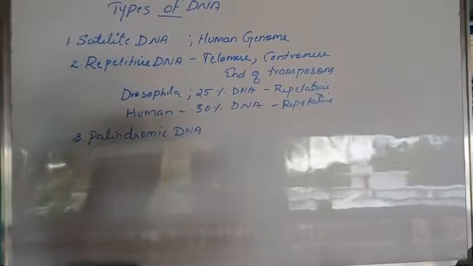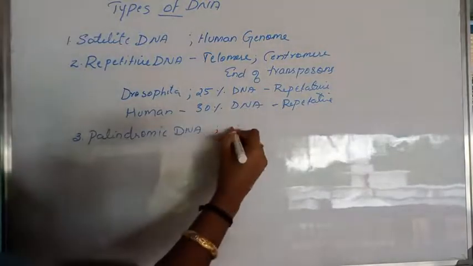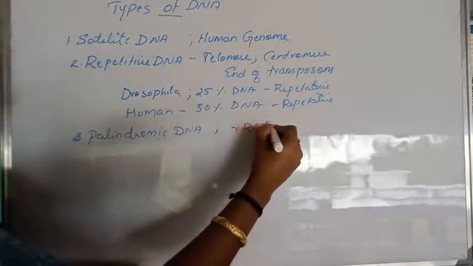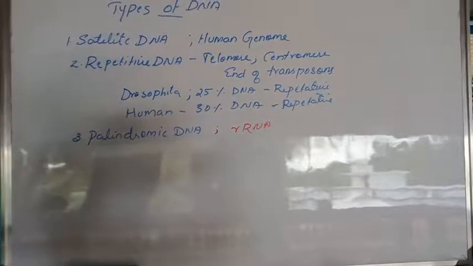The DNA regions which are required for the formation of rRNA are palindromic DNA.